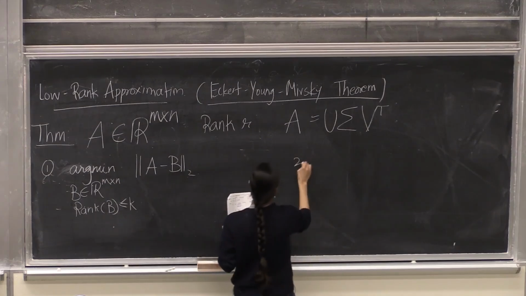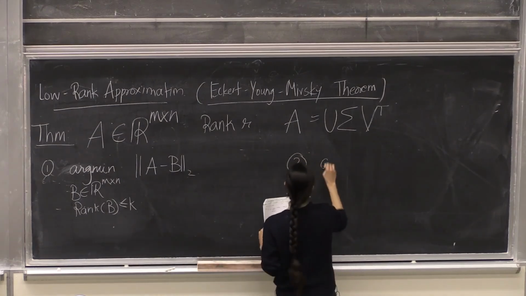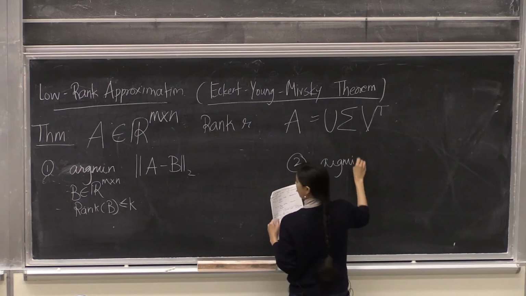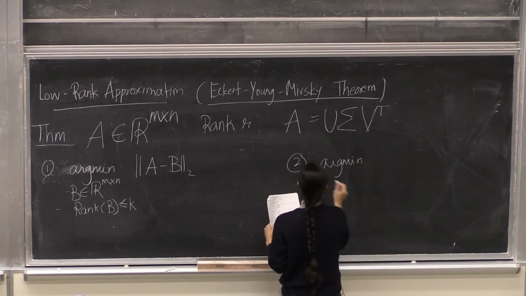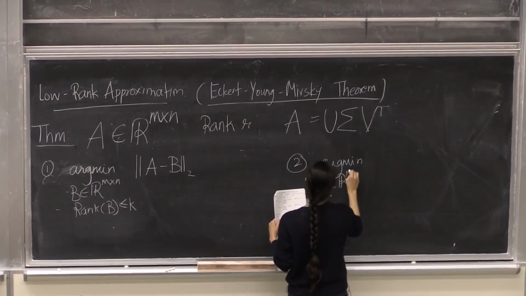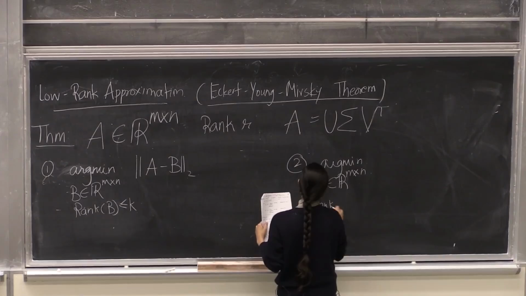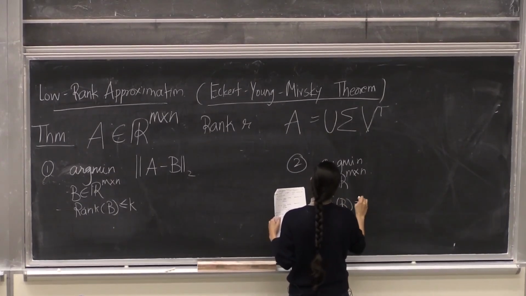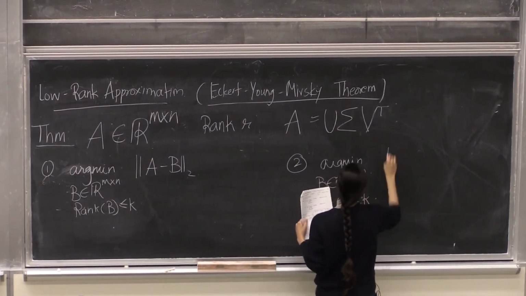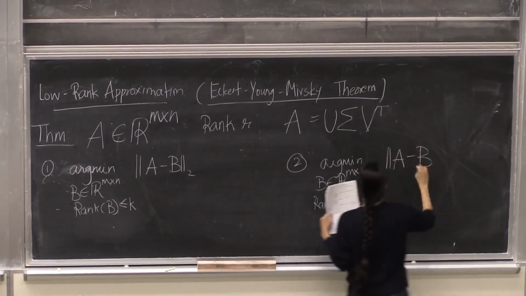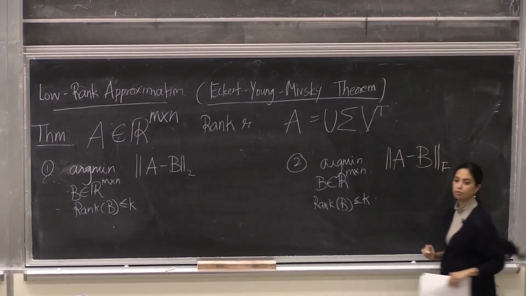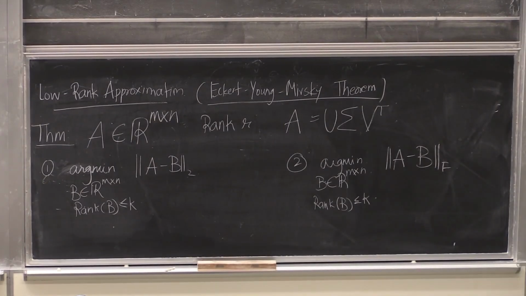And the second thing I want to compute is the argmin over B, again belonging to R m by n, with rank B again less than or equal to K. But now I want to look at A and B in the Frobenius norm sense. So now I'm looking at how every individual entry of this matrix B differs from A, and I'm taking the 2 norm of all of that.